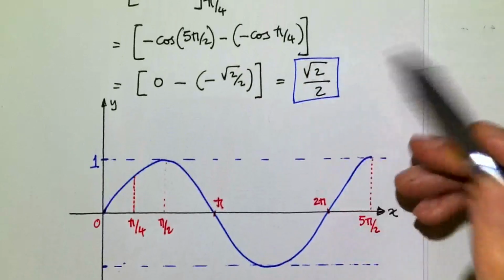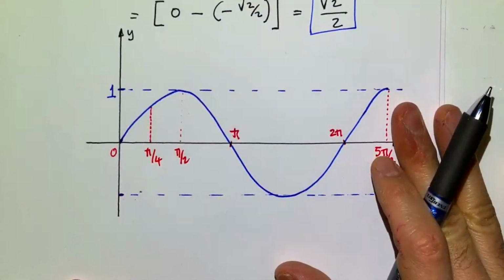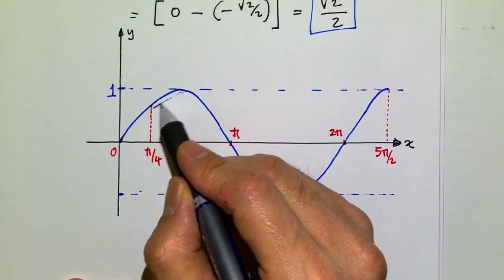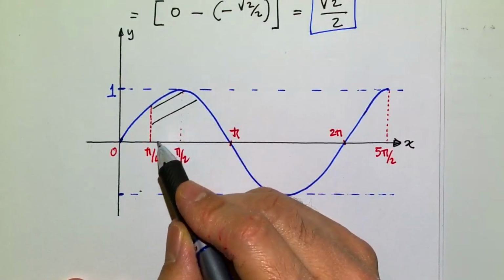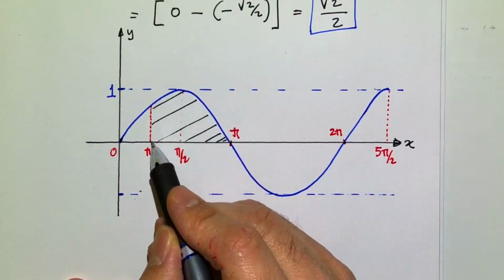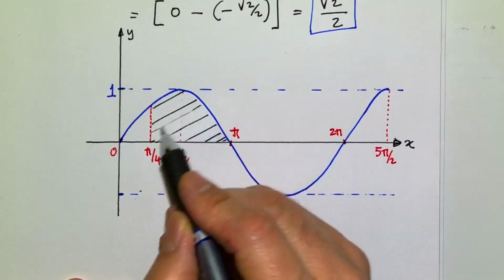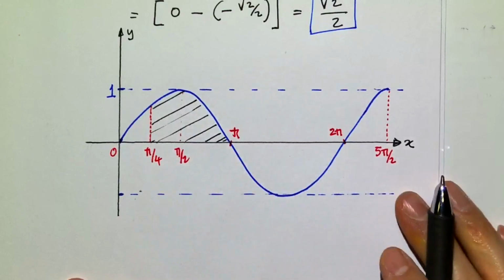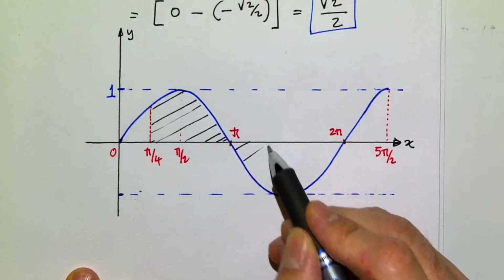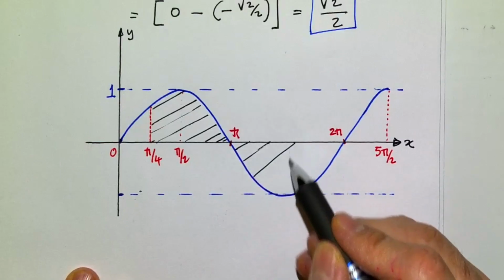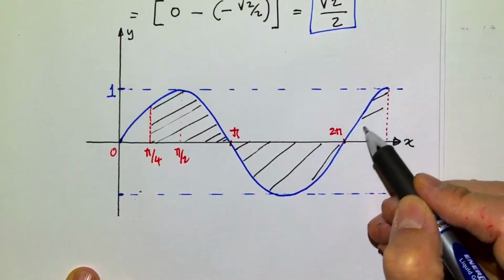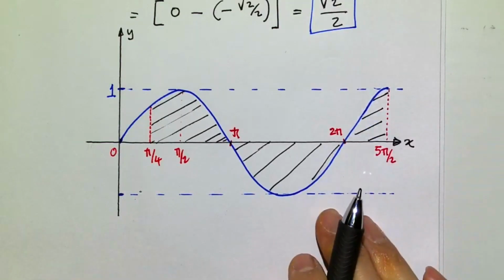Okay? So we can say that quantity is the net area represented by this shaded region. Notice I'm stopping at pi over 4 because that's the lower limit of the integral. And then from here to here. Okay?